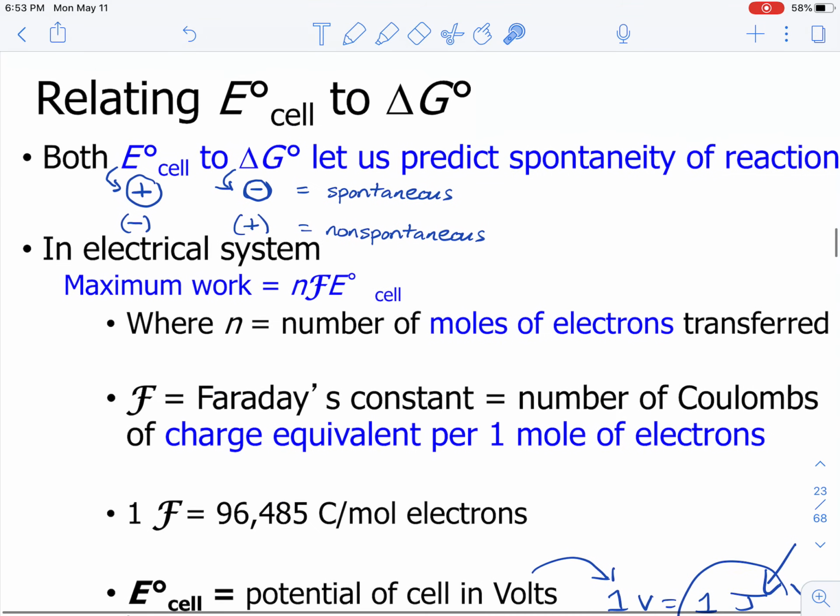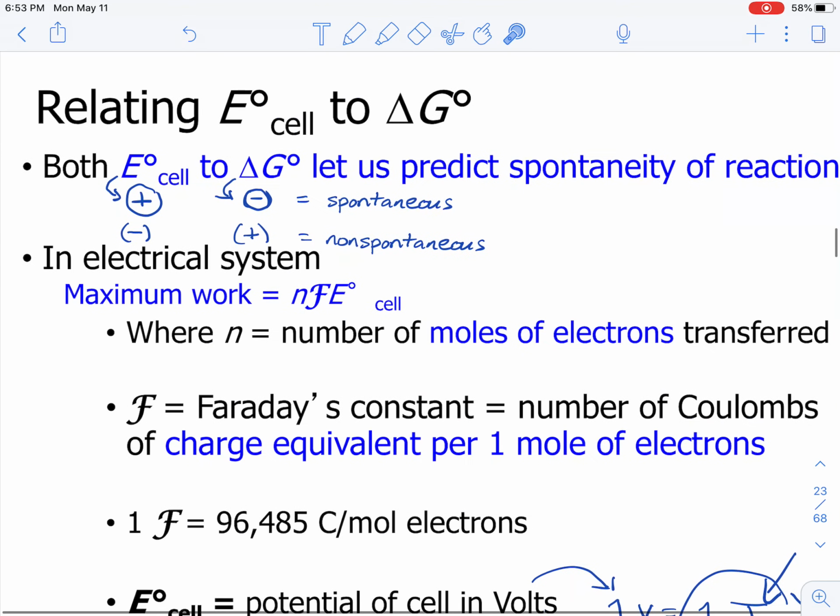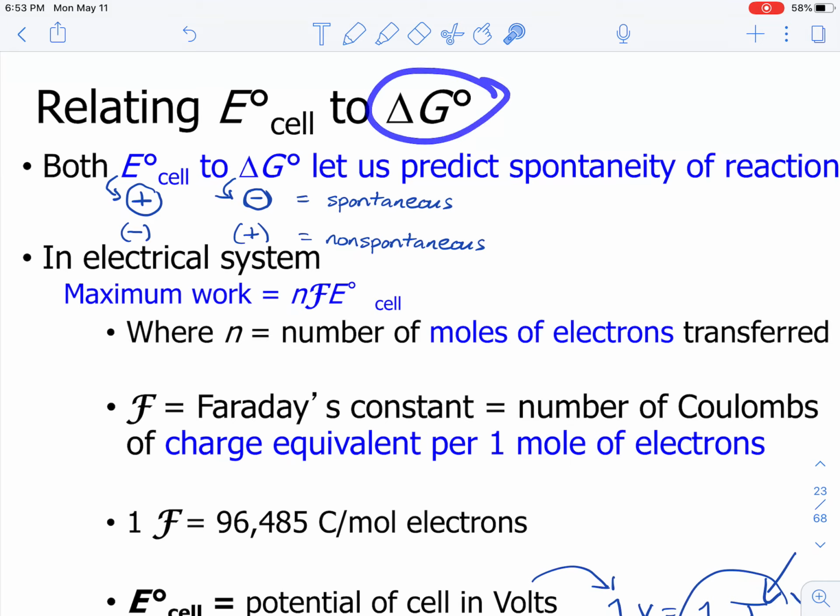If you recall from the past lecture video when I discussed this idea of reversible reactions and equilibrium, when delta G is equal to the equilibrium and all that stuff, that was for pressure volume work. And so since we're talking about an electrical system or electrical work, we're simply going to take the maximum work as delta G.